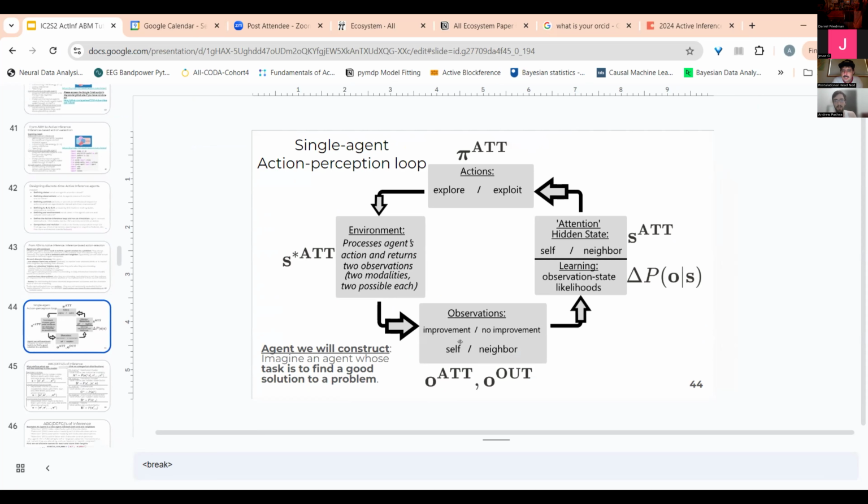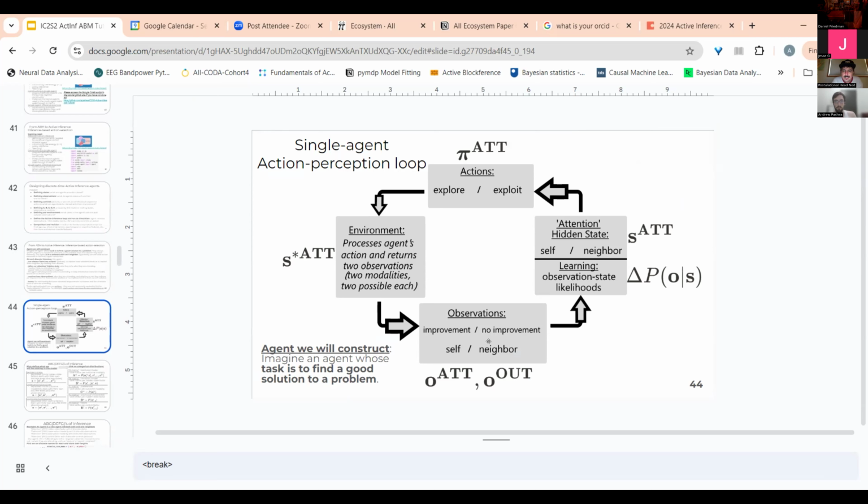First, observations. There are two kinds of observations that this agent will receive at any given time step. A quick note that this entire action perception loop plays out at every time step. We're working in discrete units of time, and whether it's second to second, minute to minute, or millisecond to millisecond, all of the units of time are the same.